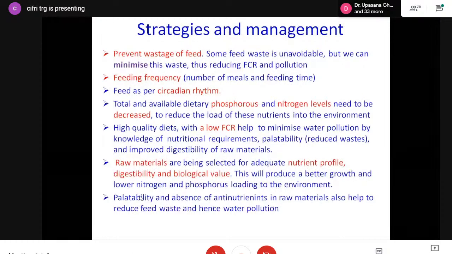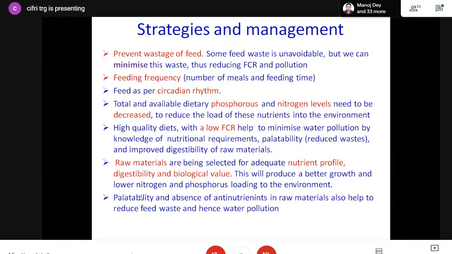And what remedy or precaution should we take? The first thing is we should feed the fishes the requisite quantity. Then we can prevent the wastage of feed, which is detrimental both economically and environmentally.